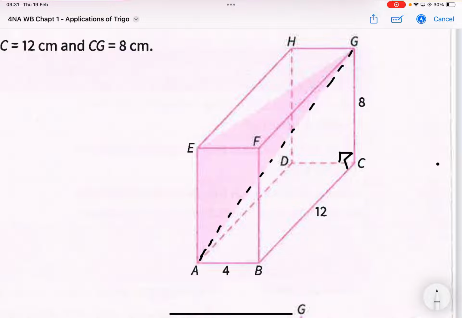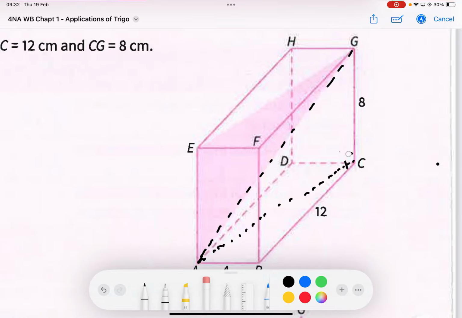So from there, if I want a 90 degrees towards A, I form one more line. If I join A to C, because AC is also flat on the ground, GC will form a 90 degrees with my AC, going directly upwards from point C. So CG forms a 90 degrees with AC.